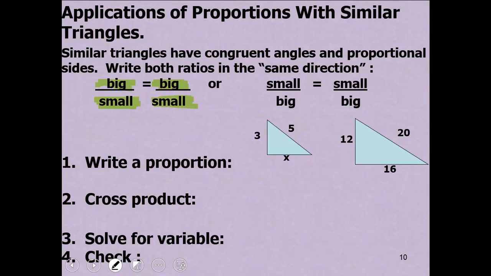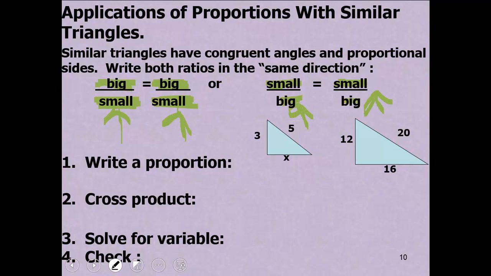It doesn't matter if you go big over small or small over big. Notice I have it over here too, as small over big. Doesn't matter. I think I'm more of a small over big. As long as both sides are exactly the same, you're good to go.